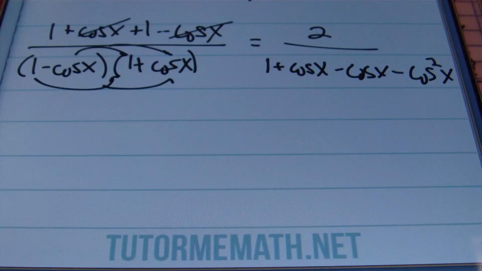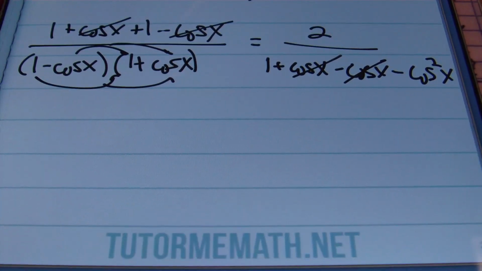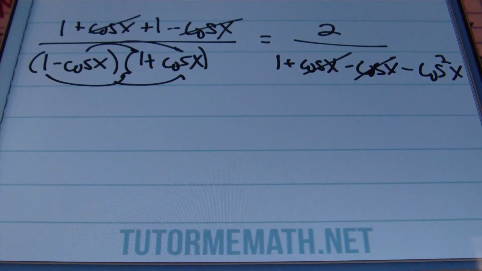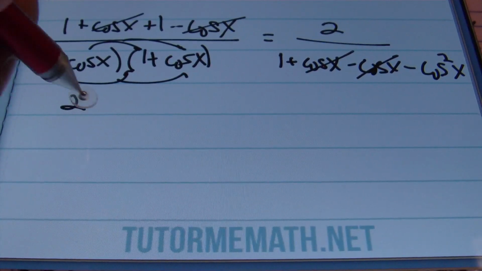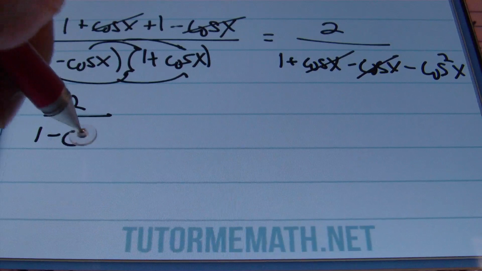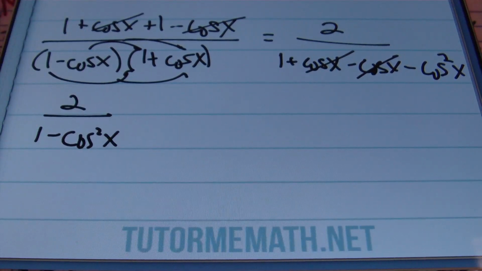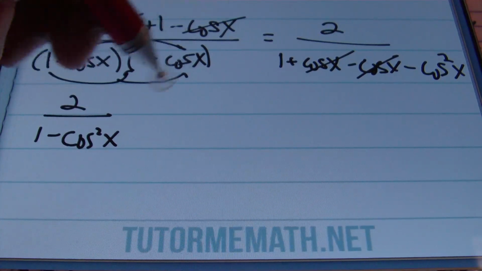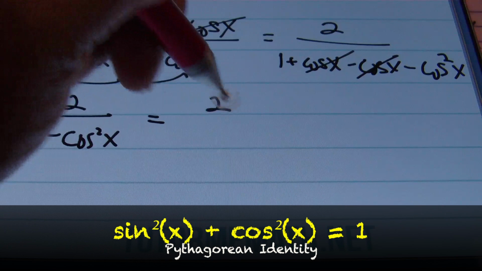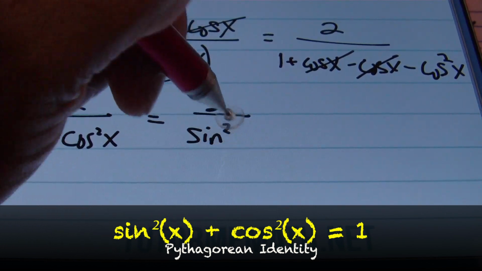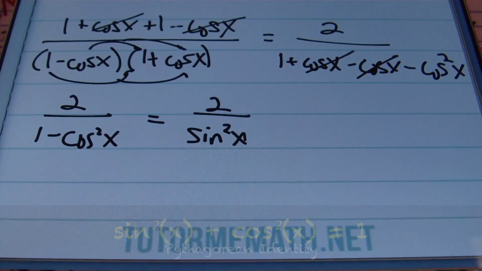Okay, so in the denominator, what happens is, once again, we have additive inverses. We can cancel these out, and now I can rewrite this rational expression as 2 over 1 minus cosine squared x. And it turns out, ladies and gentlemen, using that Pythagorean identity, that 1 minus cosine squared x is equivalent to sine squared x. So now we have 2 over sine squared x.